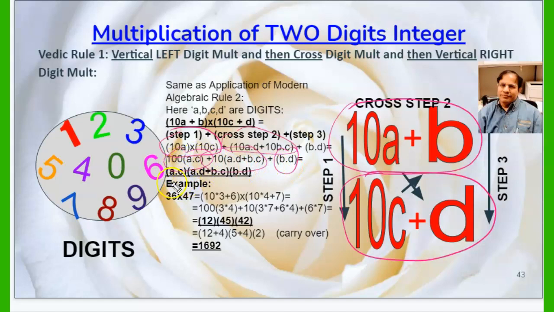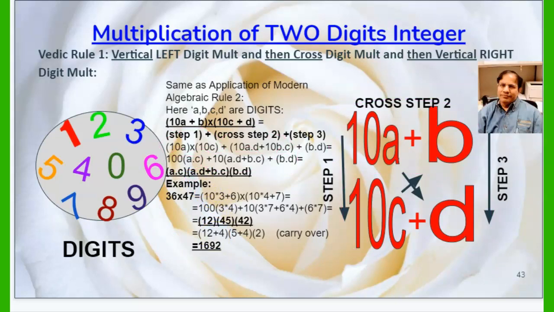The 100AC is the first digit of the result, A times C. The tenth digit is A times D plus B times C. And then the last digit is B times D of the result. And so we do get the result as shown on the previous slide and shown here.